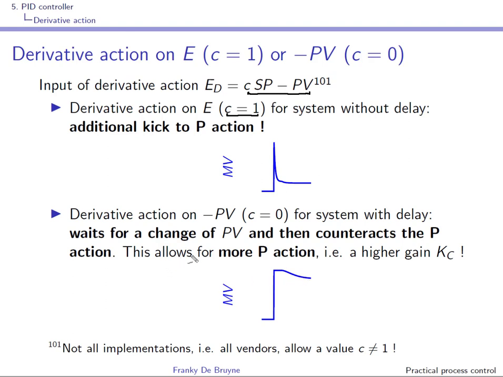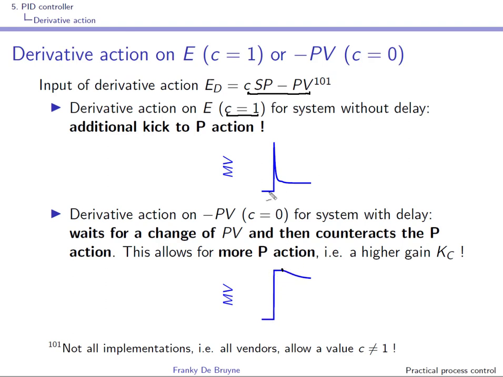And this will allow you to use more proportional action, because you know that when the system is going to react, this derivative action is going to counteract this initial proportional action that you have used.